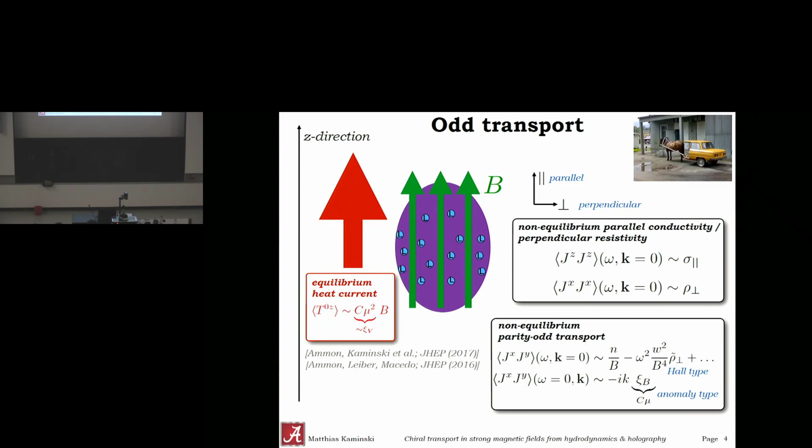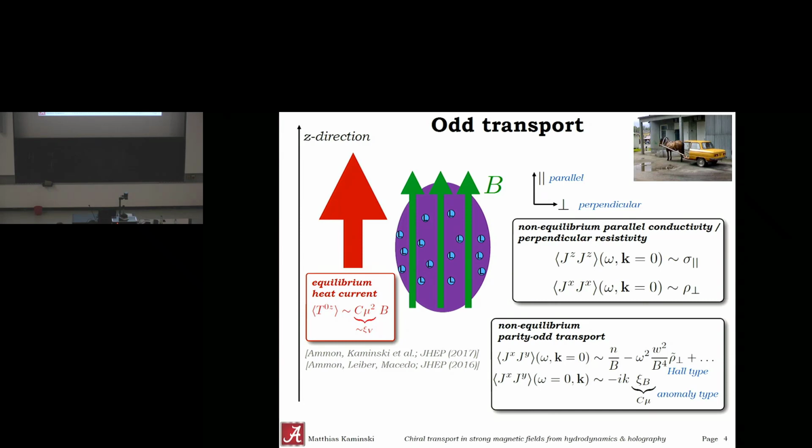Namely, if I take a J_x, J_y off-diagonal correlator, you see that there is a constant term, charge density n over the magnetic field, and then a subleading term which goes like omega squared, which contains this Hall-type resistivity. So this is like a Hall-type resistivity.